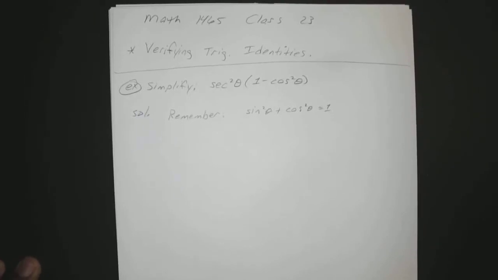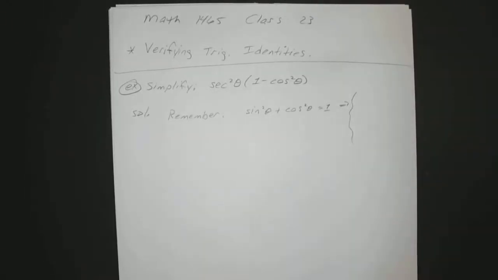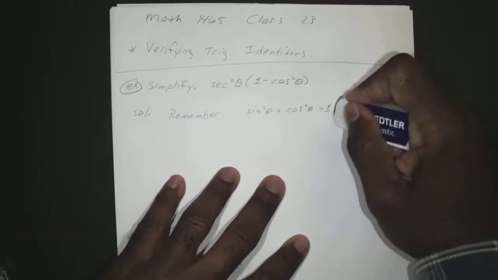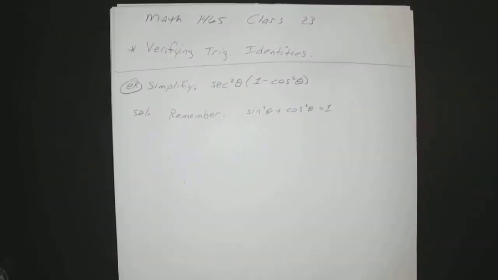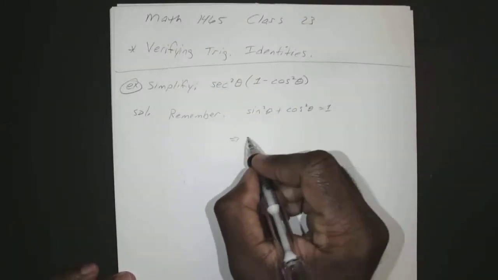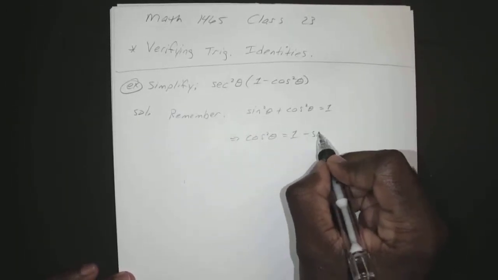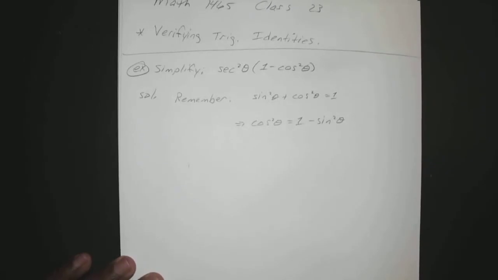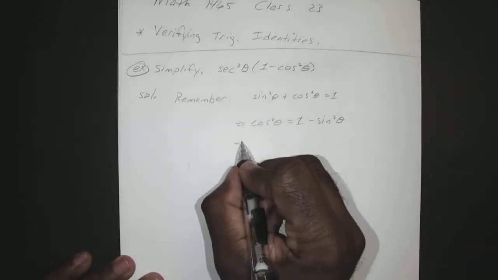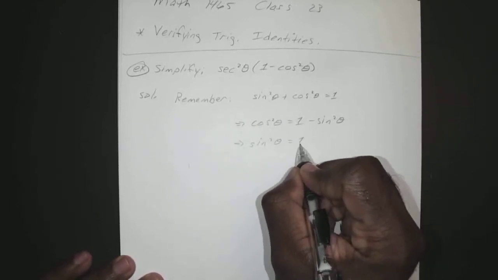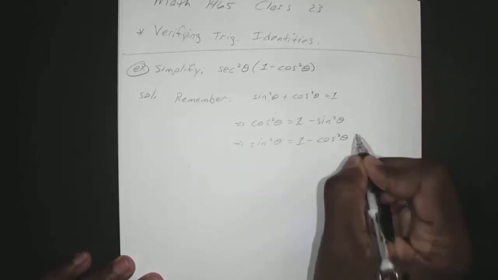From that, if you subtract sine squared from both sides, you can get cosine squared theta equals 1 minus sine squared. Or if you subtract cosine squared from both sides, you have sine squared theta equals 1 minus cosine squared theta.